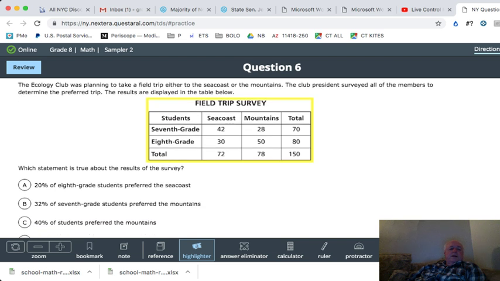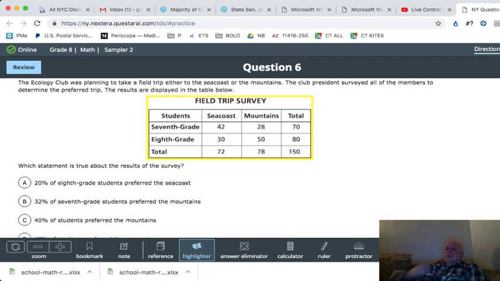So the Ecology Club was planning to take a field trip to either the seacoast or the mountains. The club president surveyed all of the members to determine the preferred trip. The results are displayed in the table below. Okay, fine. Nothing's weird there, and it kind of jibes with what I just said. Which statement is true about the results of the survey?